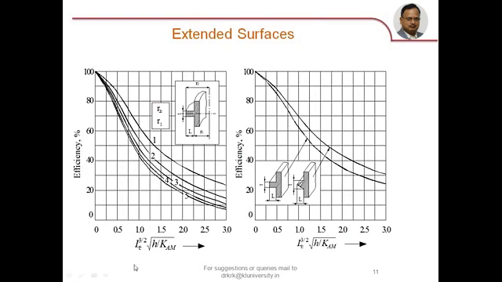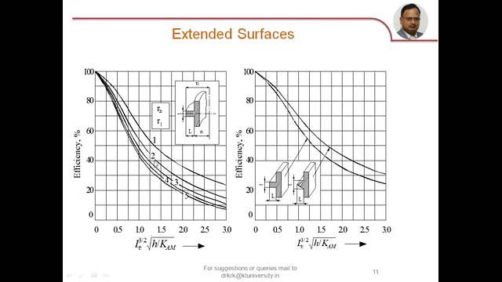This parameter on the x-axis is Lc to the power 3 by 2, that is actually one L outside and one L inside, so L root h by kA. This root hL by k indicates the Biot number, one L outside. So it is something related with the parameter influencing tanh mL by mL or something like that.